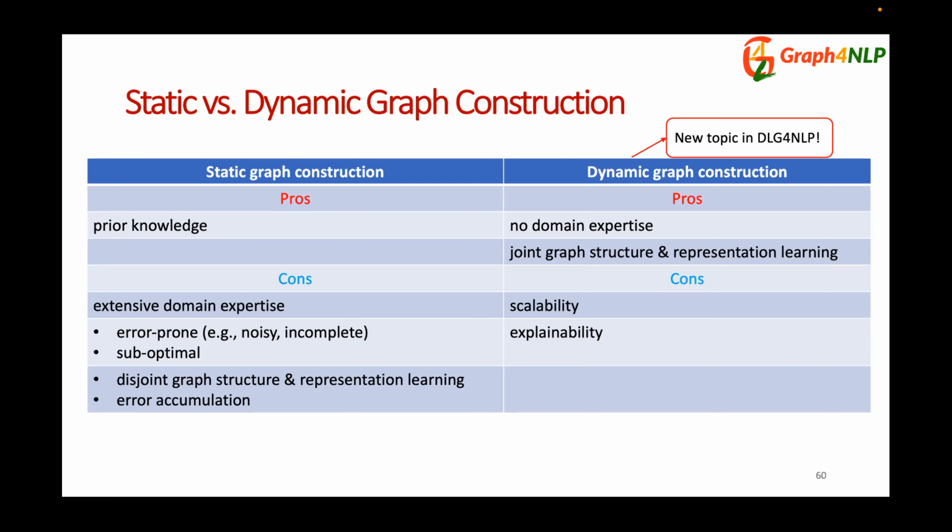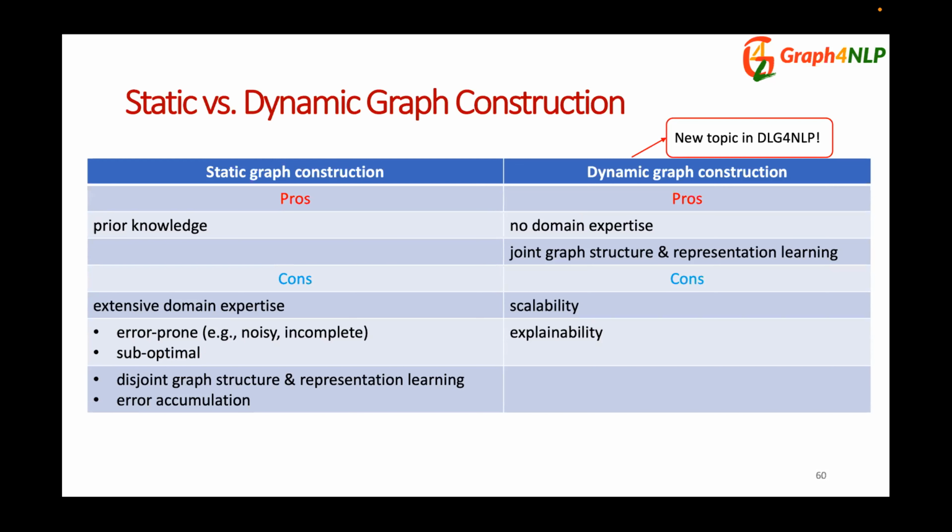Currently, dynamic graph construction also has some disadvantages, such as the scalability issue, because we need to compare the pairwise node similarity, which requires at least O of n squared, and also the explainability issue, if in some applications explainability of the graph construction is an important factor.